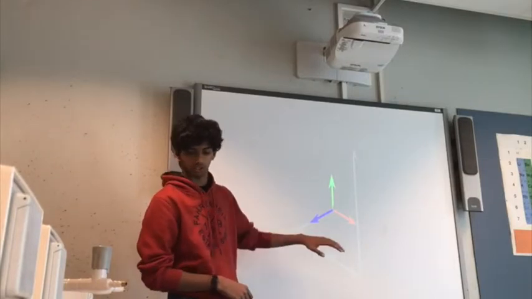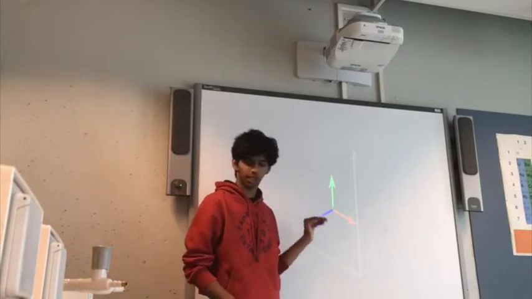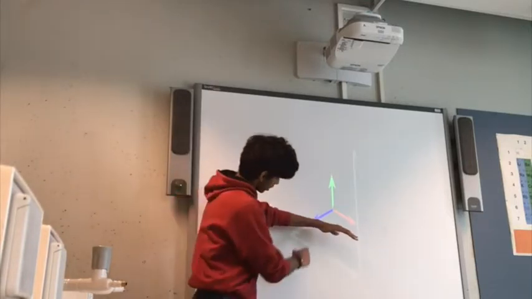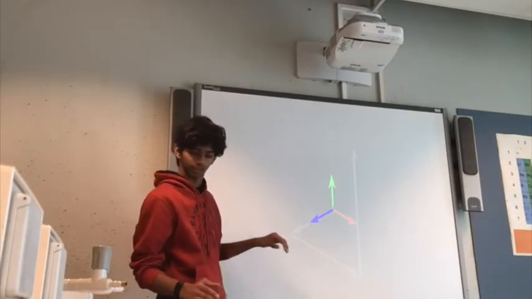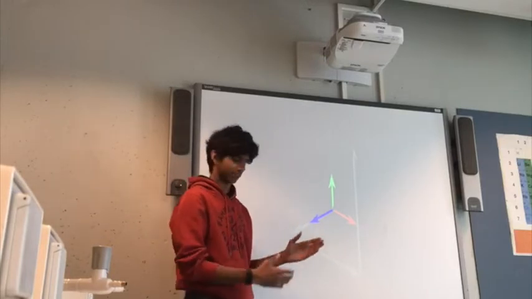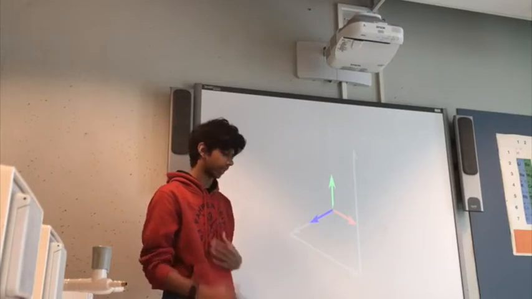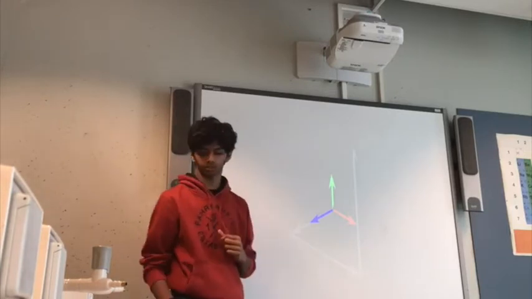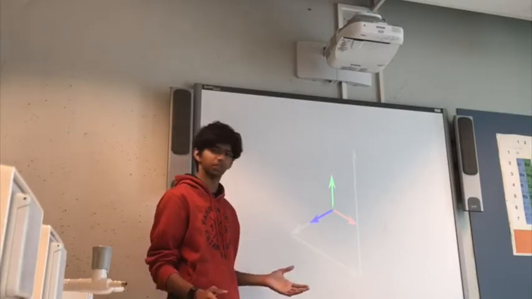The horizontal is always the vector times cos theta, where theta in this case would be the angle, while the vertical is always the vector times sine theta, which is the vertical component of the vector. Yeah, that's about it.